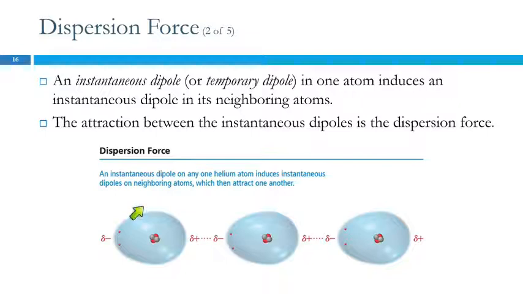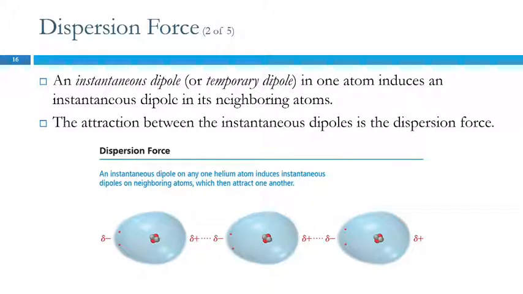So we have a spontaneous, instantaneous dipole occurring, just randomness, but that causes or induces a dipole in a neighboring atom. So now we have this partial negative charge on one side of this atom, partial positive and partial negative, and those are going to attract each other. And over here, positive and negative, those are going to attract each other.